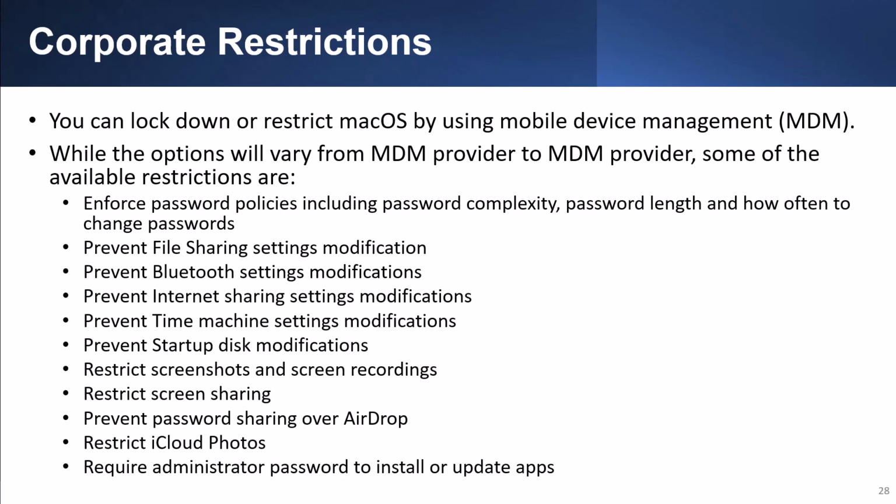Prevent Bluetooth settings modifications. Prevent internet sharing settings modifications. Prevent Time Machine settings modifications. Prevent startup disk modifications, restrict screenshots and screen recordings, restrict screen sharing, prevent password sharing over AirDrop, restrict iCloud photos, and require administrative passwords to install or update apps.